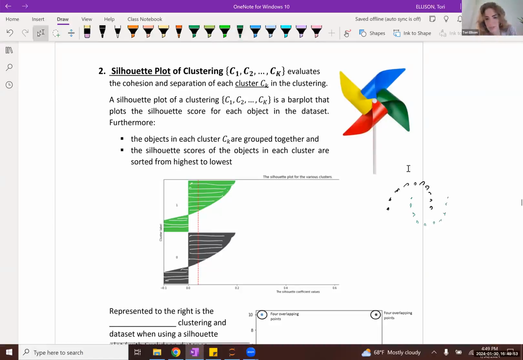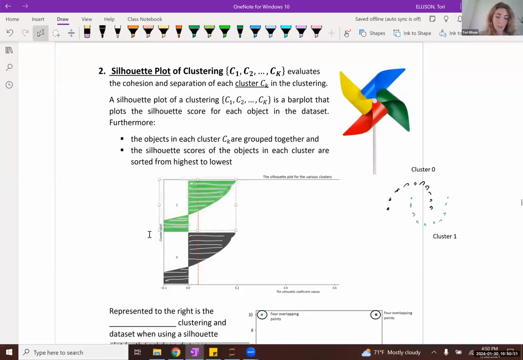So the additional thing is, the silhouette plot is not just a bar plot. You do a little bit of rearranging of the silhouette scores of a given point. So this is cluster 0, this is cluster 1. Another element of a silhouette plot is you group the observations by the cluster that they were assigned to.